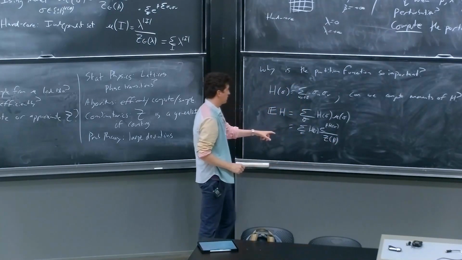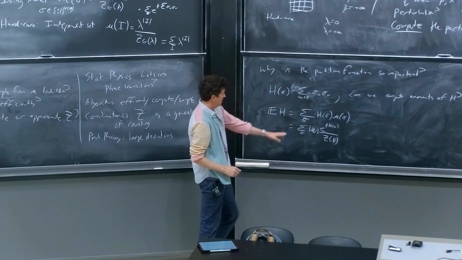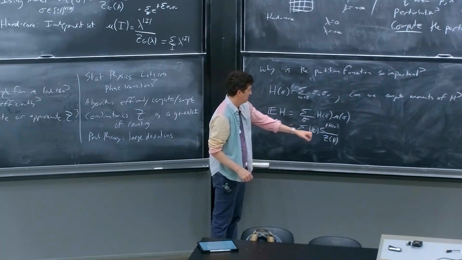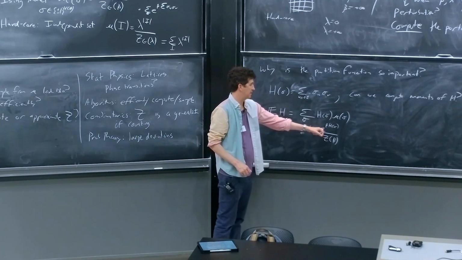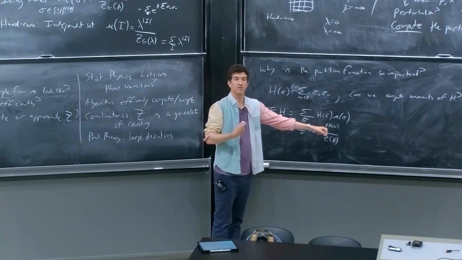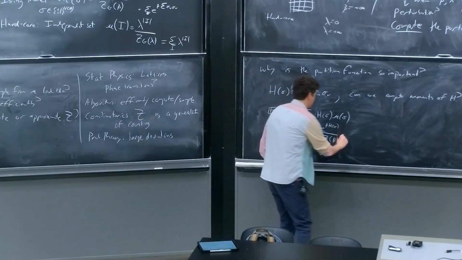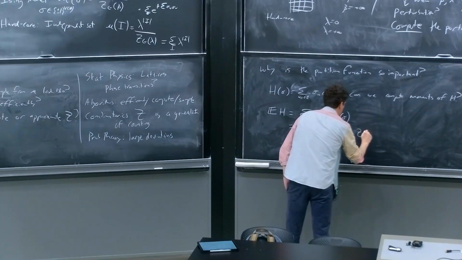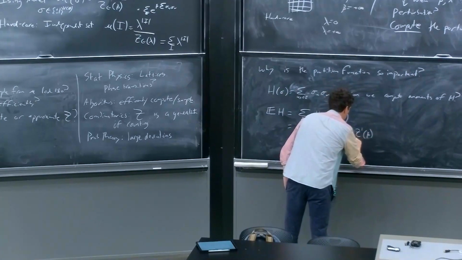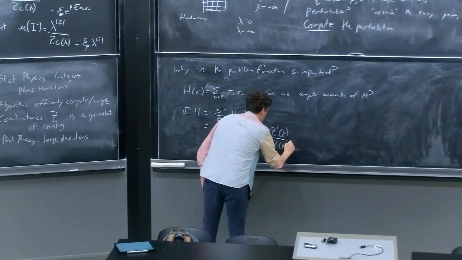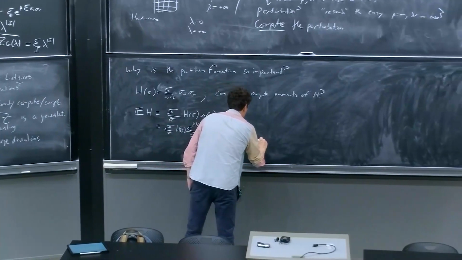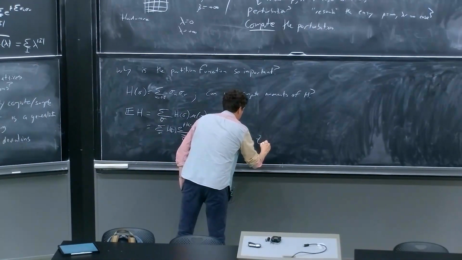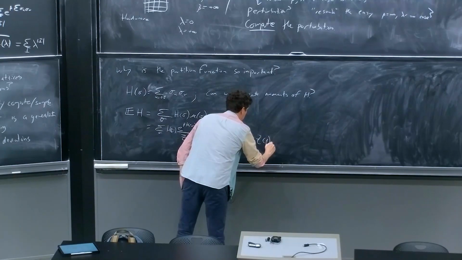You can pull the 1 over Z out, that's just a constant. Then you have the sum over sigma of H(sigma) e^{beta H(sigma)}, and that's a derivative. So this is Z'(beta) over Z(beta), which is just the derivative of log Z(beta).